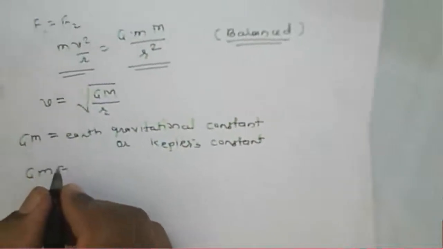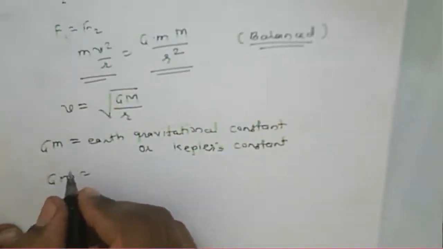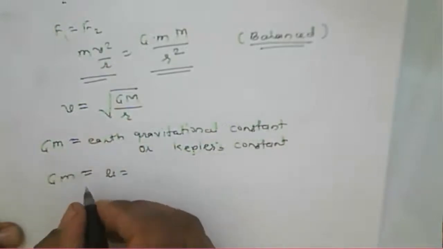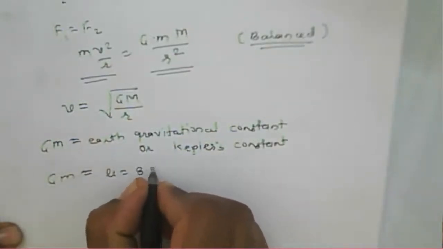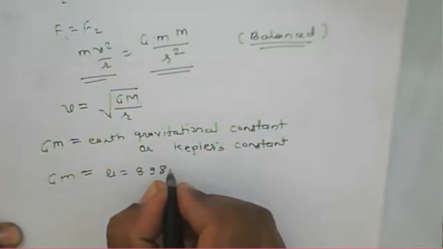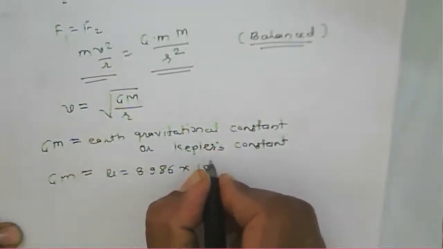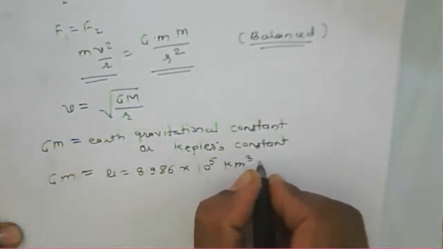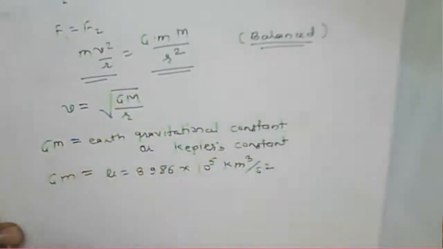So we can write GM equal to mu, which is about 3.986 into 10 to the power 5 kilometer cube per second square.